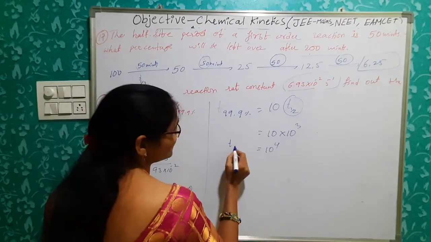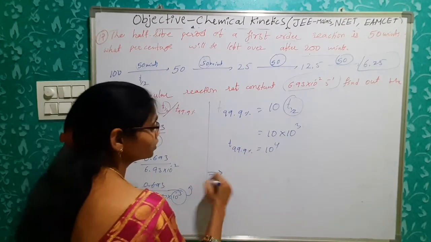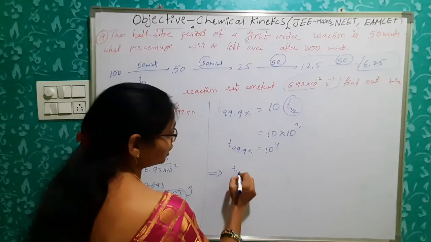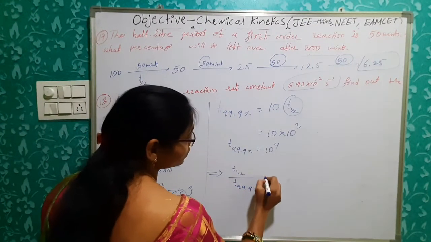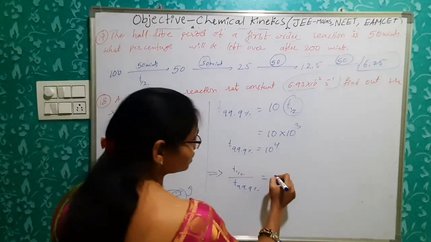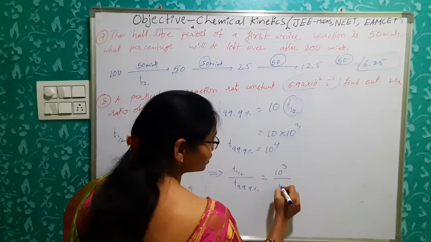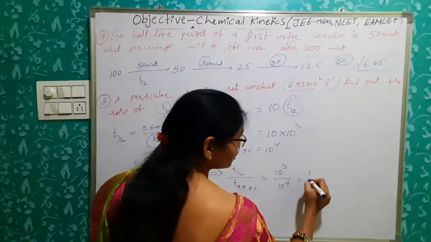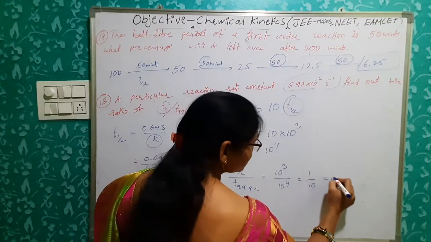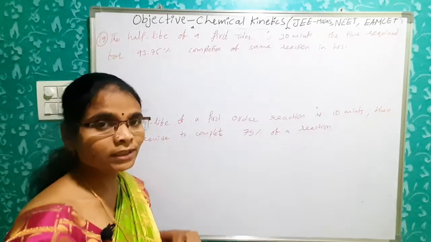Now the ratio T half by T 99.9%: T half is 10 power 3, T 99.9% is 10 power 4. So 1 by 10, that is nothing but 0.1 only. Okay. Next.